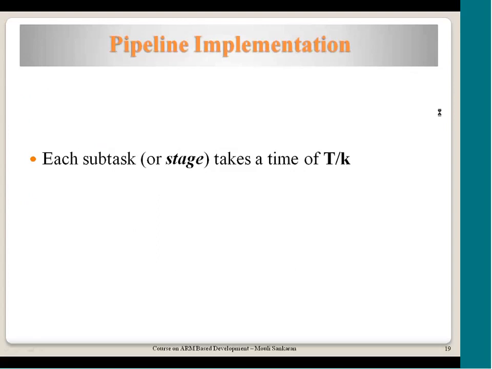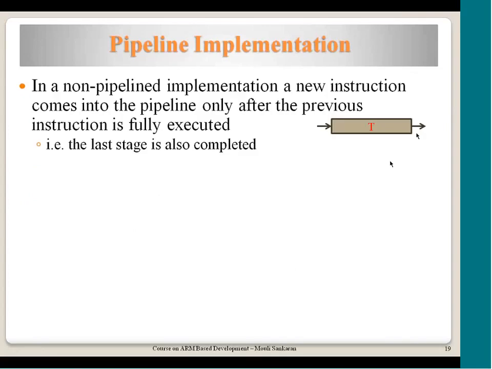Now let us see how I can explain this. In a non-pipeline implementation, one instruction comes in and takes a whole lot of time, maybe I can call it T nanoseconds. But for discussion, let us say 8 seconds, and then they come out here.